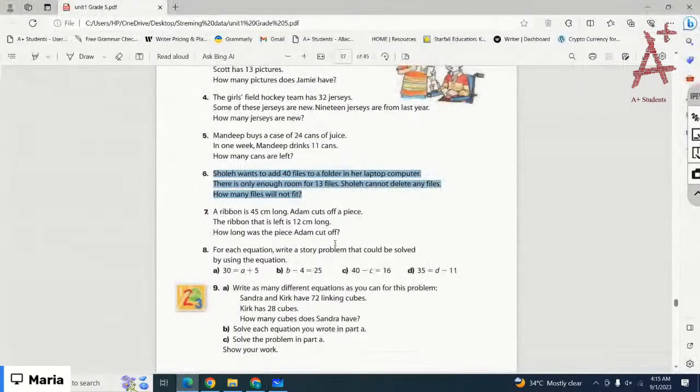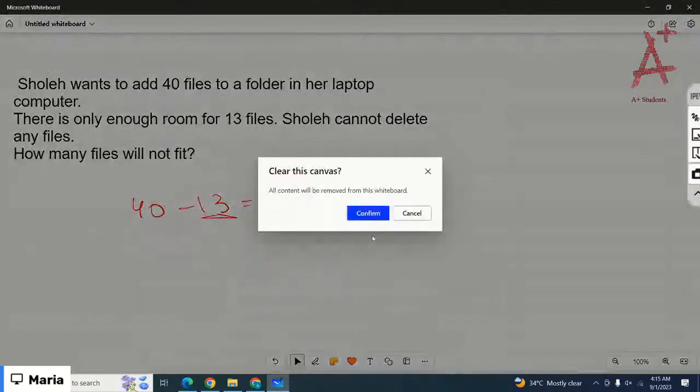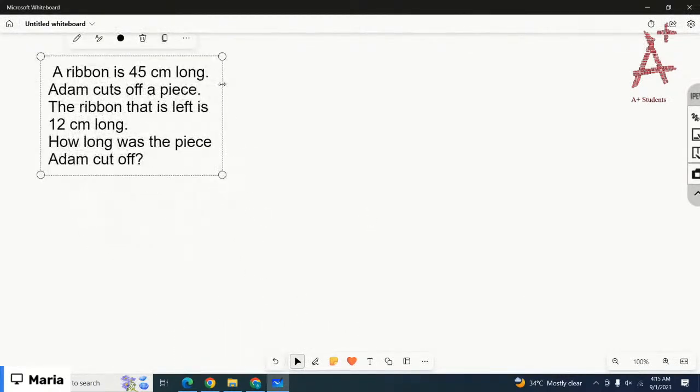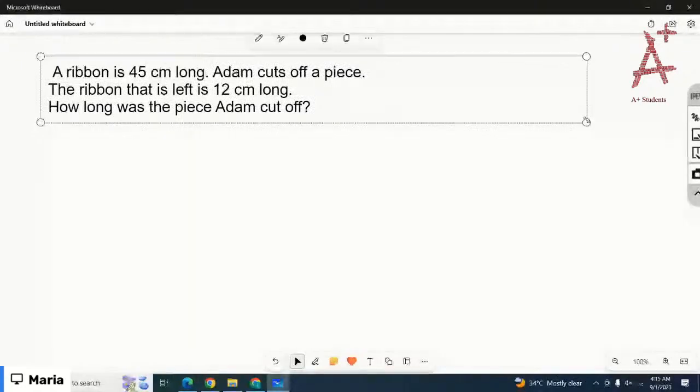Okay, the next one is: a ribbon is 45 centimeters long. Adam cuts off a piece.